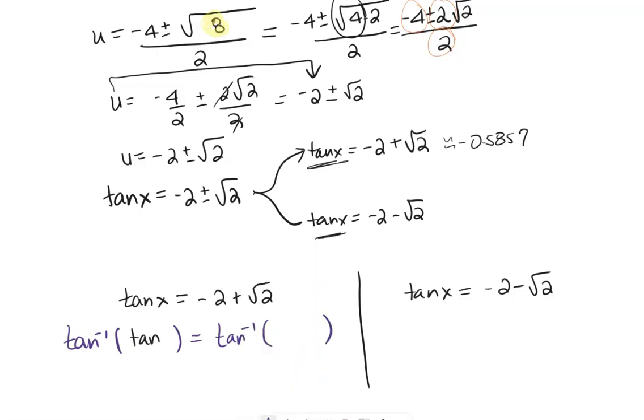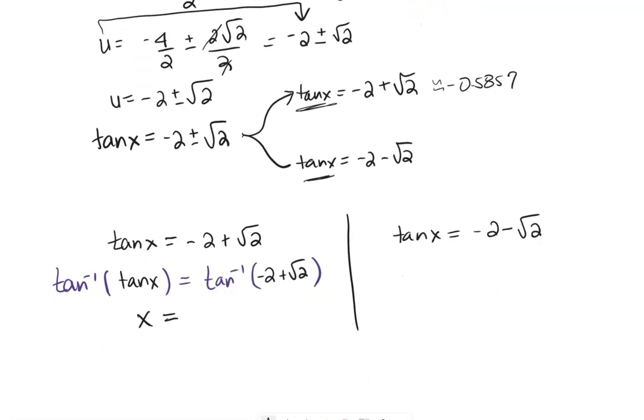So the inverse of tan x and the inverse of -2 plus square root of 2 would just give us x equals. If you put this in radian mode and take the inverse tangent of -2 plus the square root of 2, you're going to get approximately -0.5299.